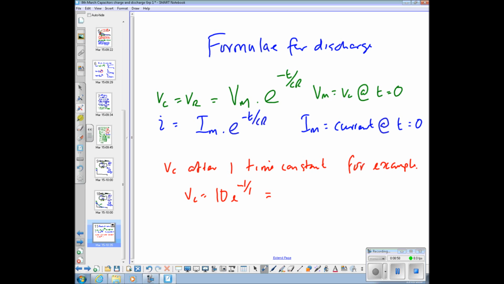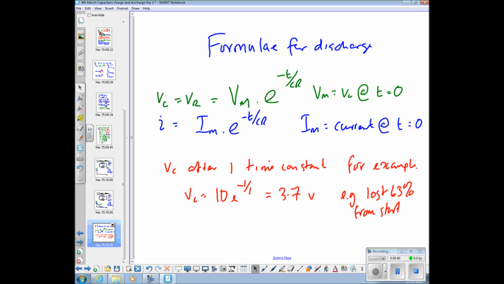Anyone want to hazard a guess what the value is? It's not really a guess. 0.37. No, 0.37. 63. It's going to drop by 63%. So you're close with your 0.37, that's 3.7. Going to lose 6.3 volts. Yeah. E.g. lost 63% from start.